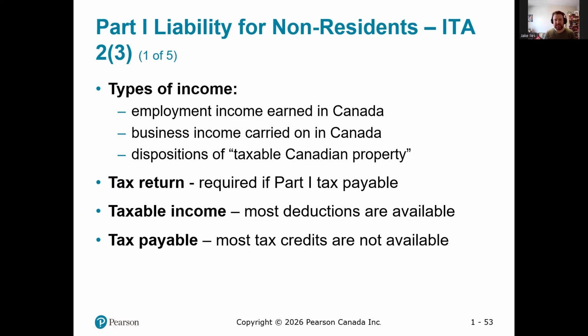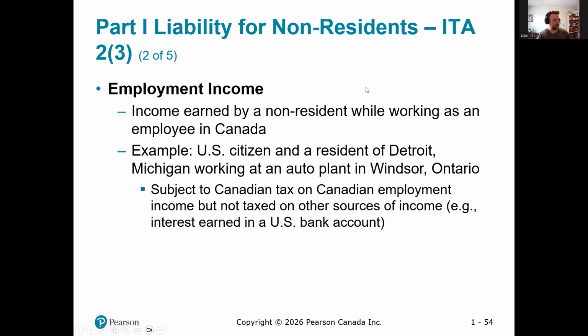So if there's expenses incurred in order to gain income, so if they have a business, they're allowed to expense their rent for an office space, the salaries for their employees, but they're not going to have access to most of the tax credits. Tax credits are tax expenditures meant to benefit those who are residents of Canada. So non-residents can have the deductions, but they often lose out on many of the credits.